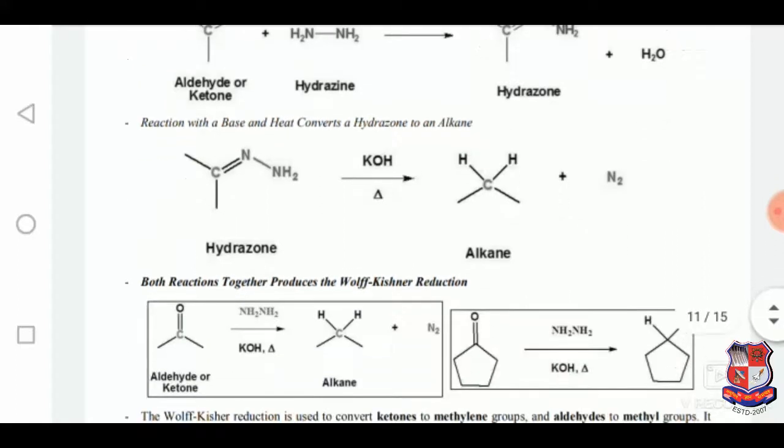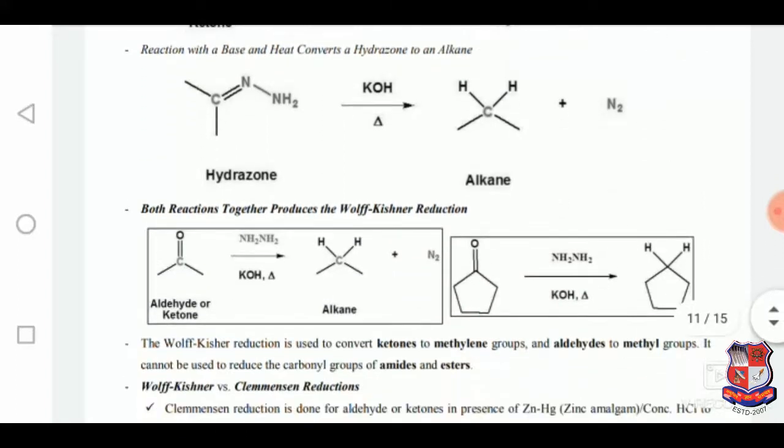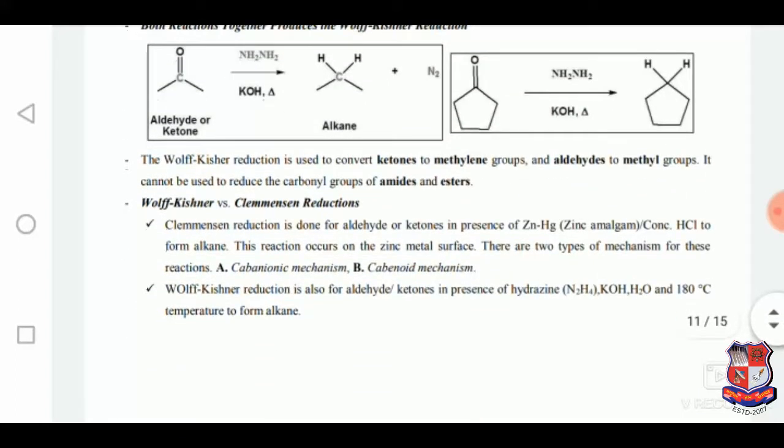These are the examples of how it occurs. The Wolff-Kishner reduction is used to convert ketones to methylene groups and aldehydes to methyl. It cannot be used to reduce carbonyl groups of amides and esters.